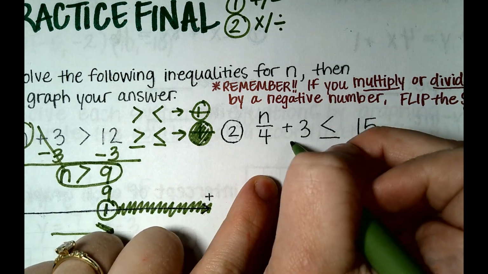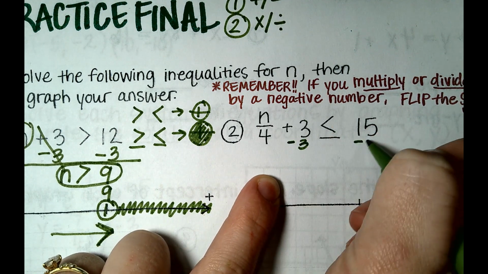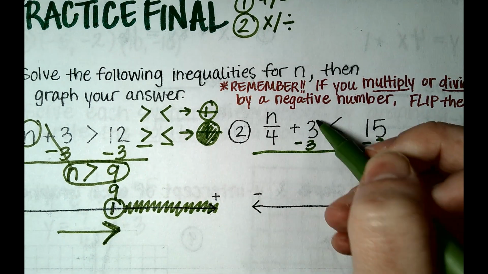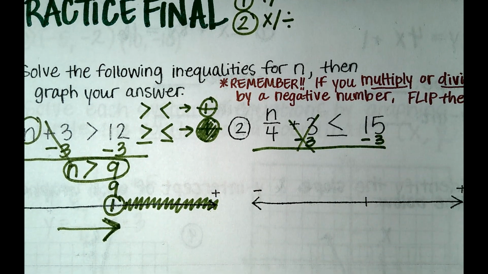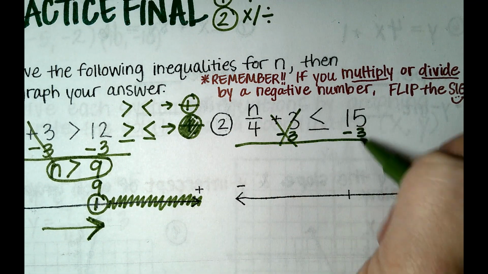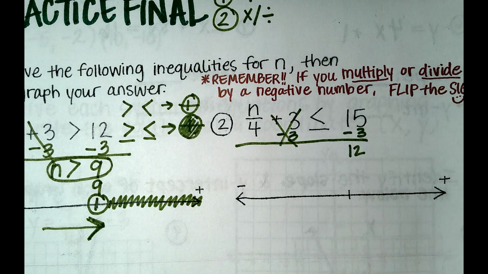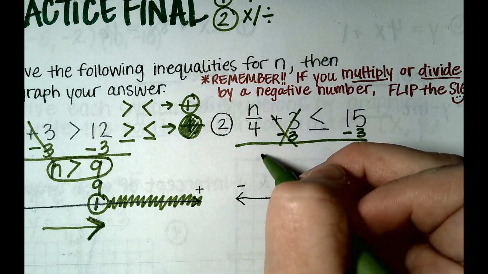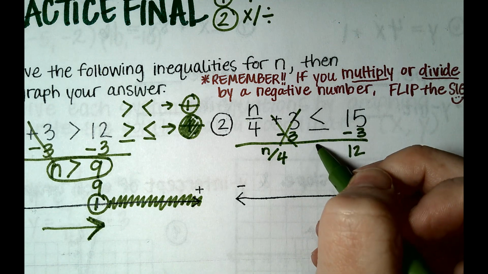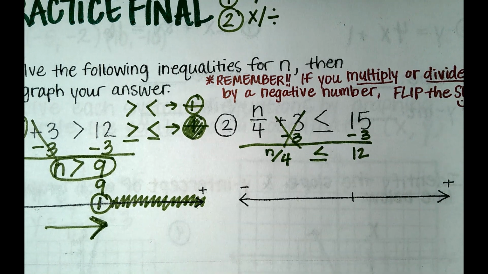Yes, let's subtract 3 on each side of my inequality. My 3's will cancel. And what happens next? 15 minus 3 is 12. Yes, n divided by 4 is less than or equal to 12.